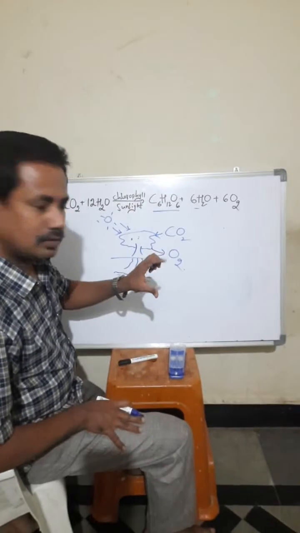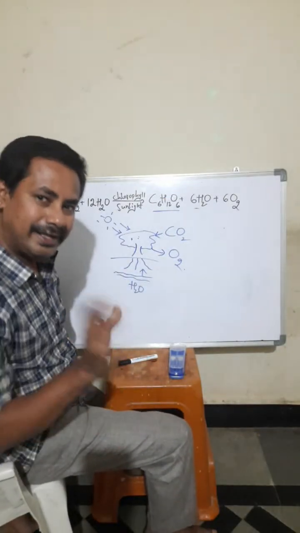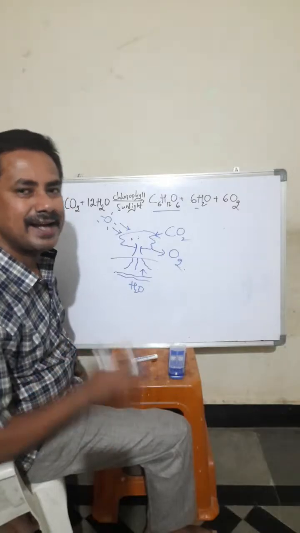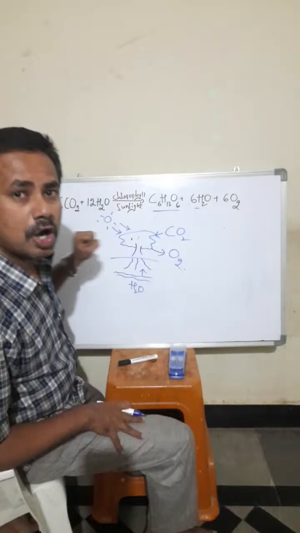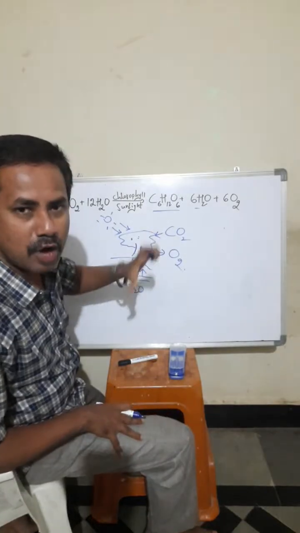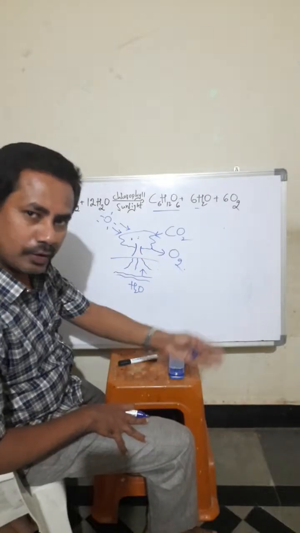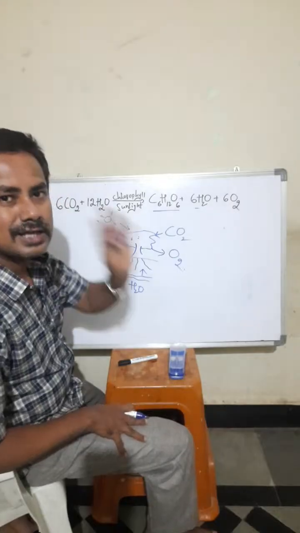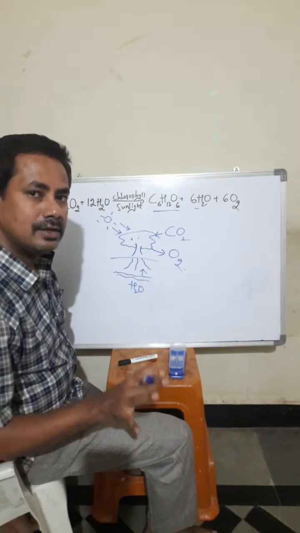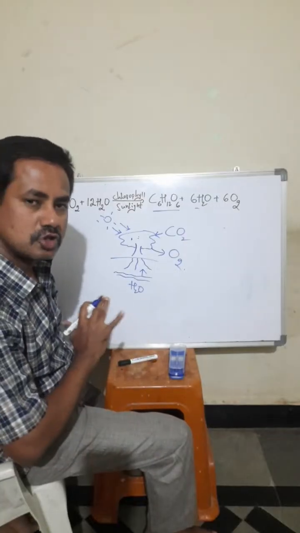Sir, do plants really take carbon dioxide and give oxygen? Yes, only during photosynthesis. When sunlight is present, during the photosynthesis process, the plants absorb carbon dioxide and give out oxygen. But normally, plants also inhale oxygen. They also need oxygen and release carbon dioxide when sunlight is absent and photosynthesis is not taking place.